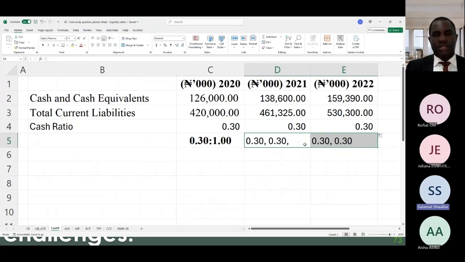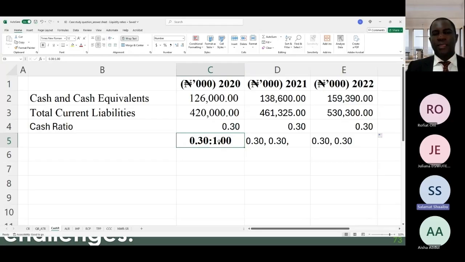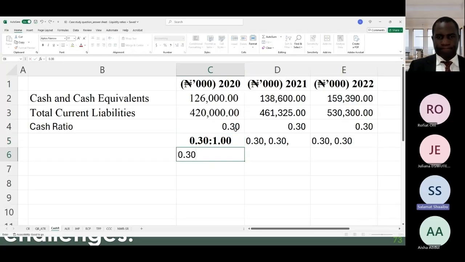So it's 0.3 ratio 1. Yes, exactly. So if we got 1 point something, it would have been 1 point. I just wanted to know how the ratio works.